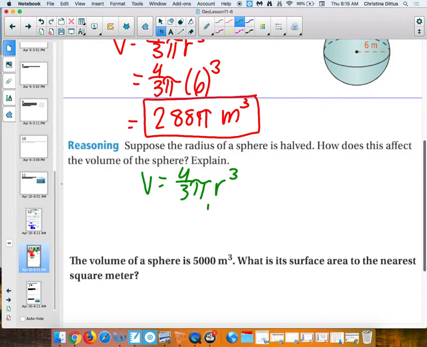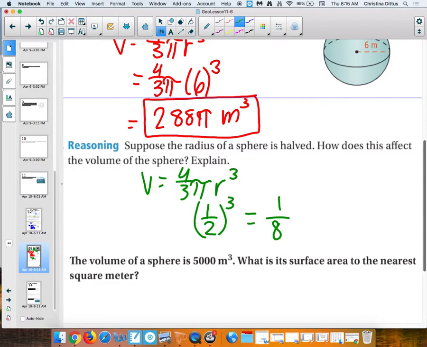So if I have my radius cubed, fractions and exponents, what's half cubed? 1/8. 1 to the third is 1, 2 to the third is 8. So if you halve the radius, you're actually taking 1/8 of the volume.